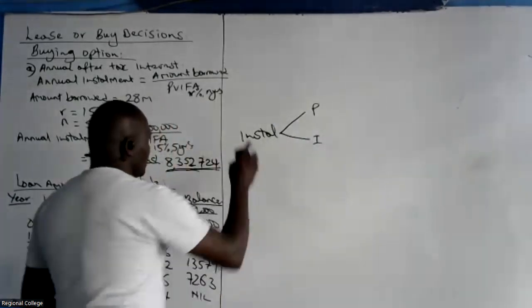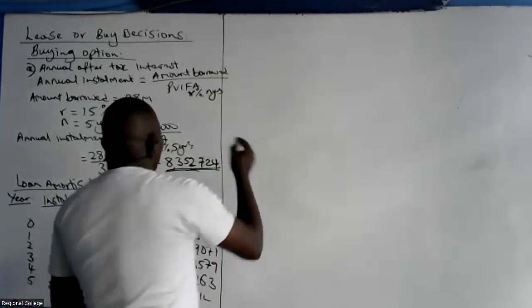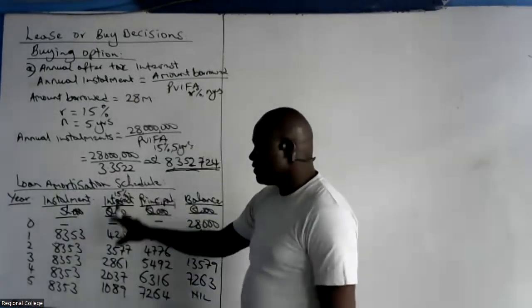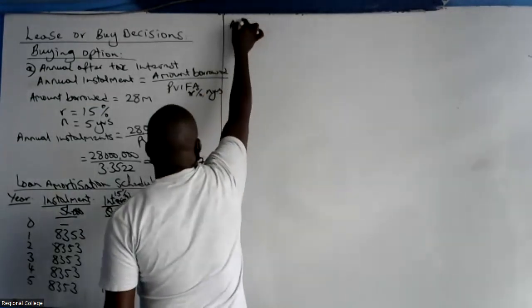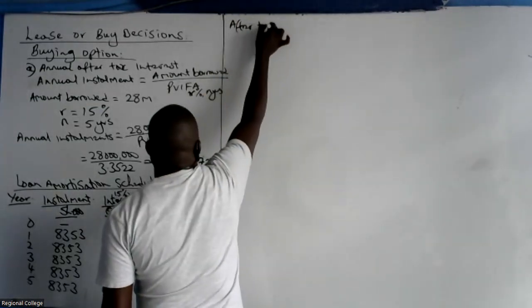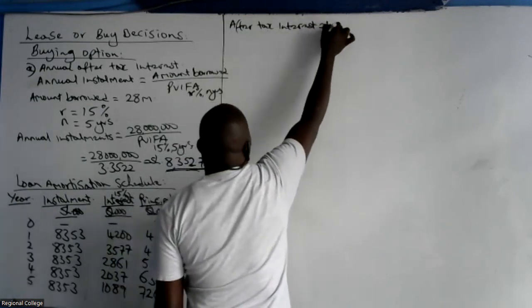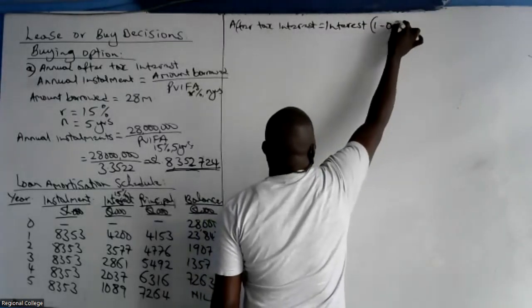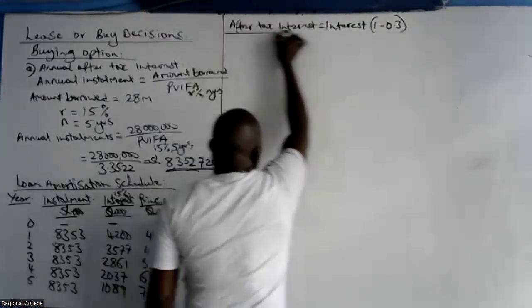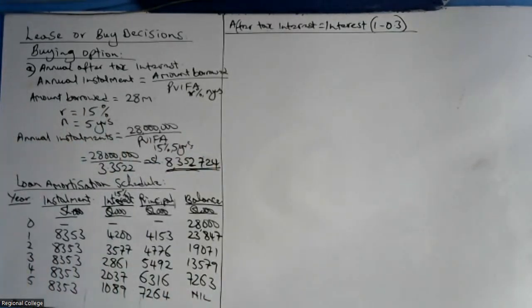So, we've gotten our interest for each of the years 1 to 5. We need to get our after-tax interest, which is we take our interest, then we adjust for tax, right?